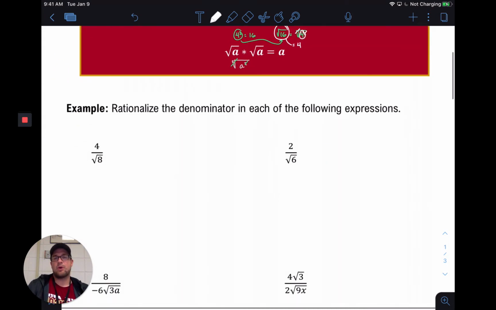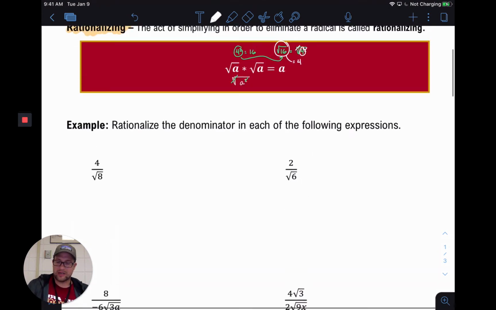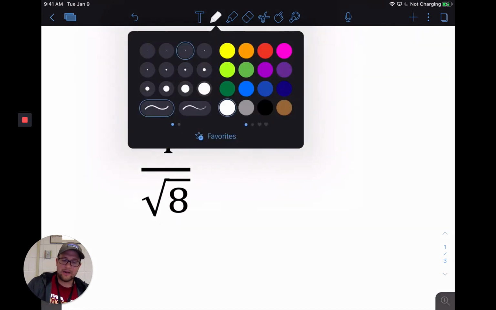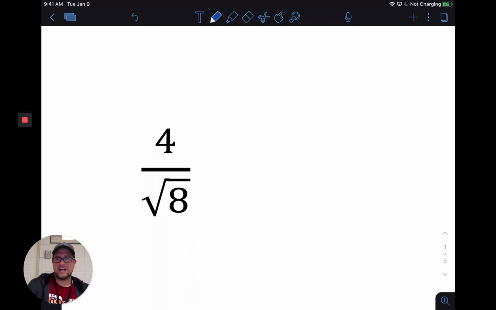Below, we'll see some problems where our primary objective is to go through and rationalize. So here's our first problem that we're going to be tackling today. When we say rationalizing the denominator, rationalizing means to get rid of the radical symbol, and the denominator is, of course, the bottom of a fraction.